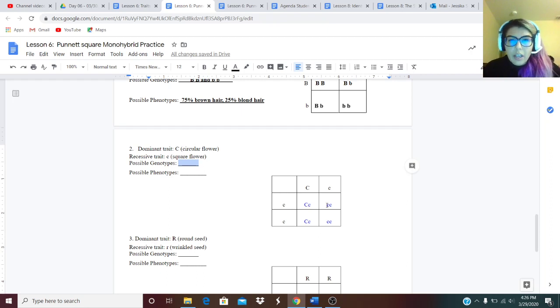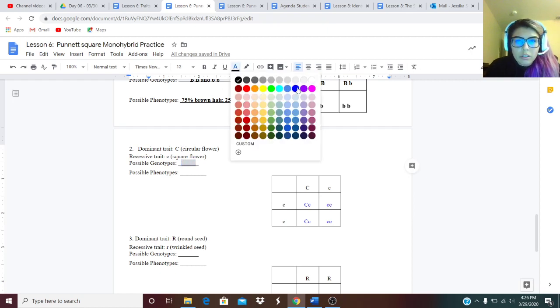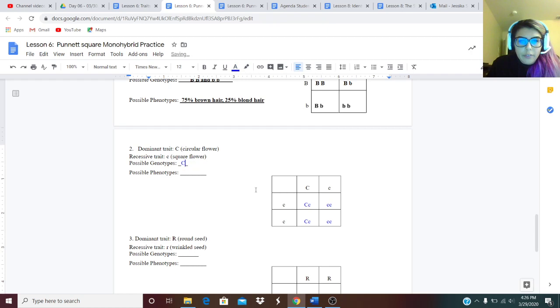So in this case, my only options are capital C, little c, or heterozygous dominant for C. And then my other option is only little c, or homozygous recessive for C. So my possible genotypes in here, again, are either heterozygous dominant for C or homozygous recessive for C. So those are my genotypes.